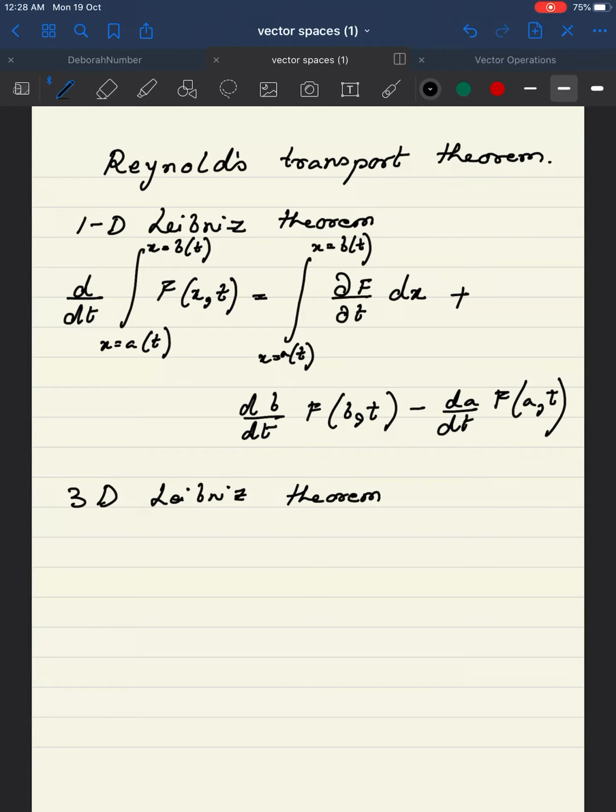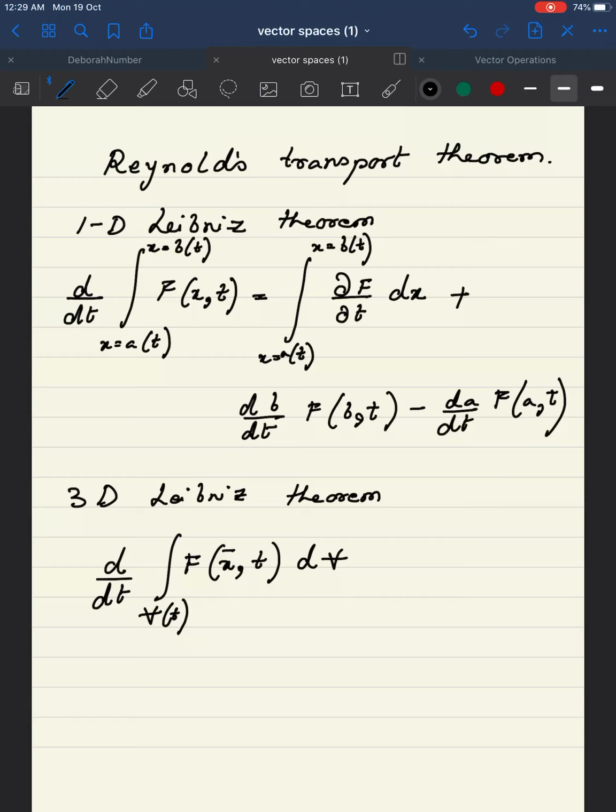This is a generalization of the Leibniz theorem. So if you have d/dt, and on this side you again have this term, but now this has become a vector, dV, and this integral has to be carried out over some volume.